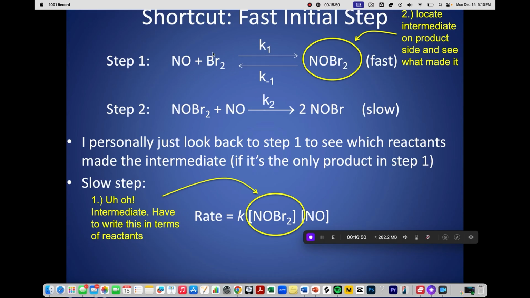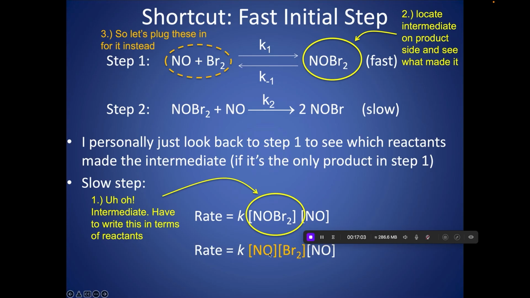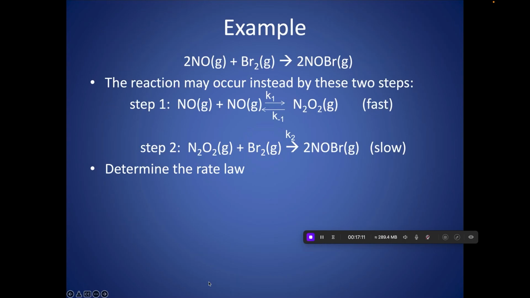So let me just take NO and Br2 and put that in the place of NOBr2, since that's what's making it. So boom, there I did it, and now I can combine like terms, NO, and make it NO squared, and there's exactly what I did before.